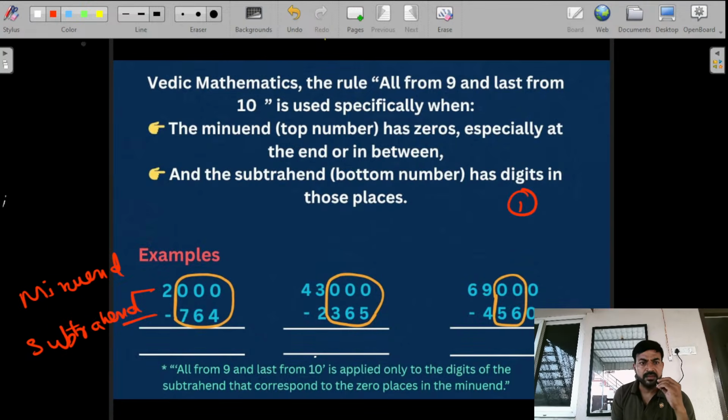Step 1, subtract all from 9, last from 10. This is one rule.